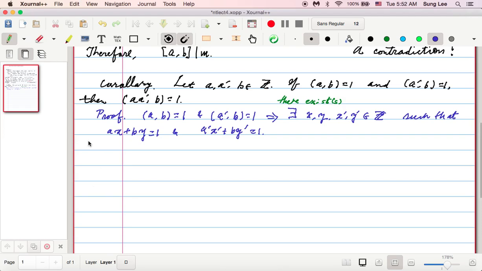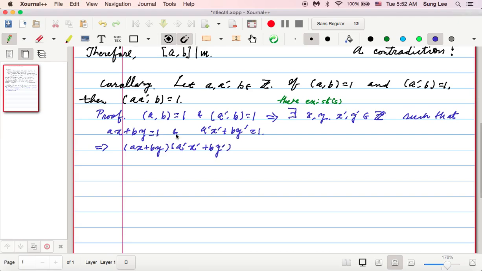Next step, I'm going to multiply these two equations: ax plus by times a prime x prime plus b y prime.